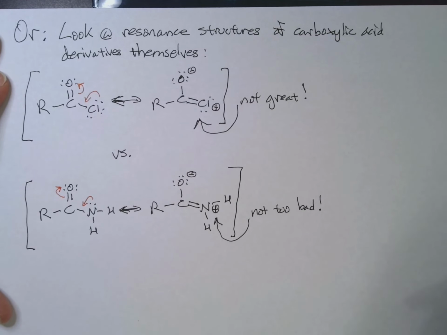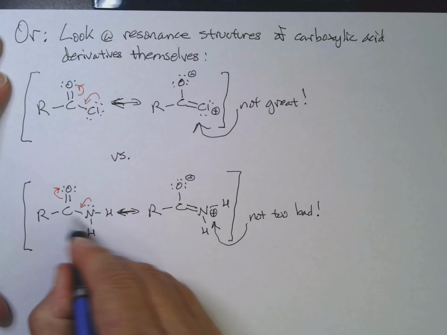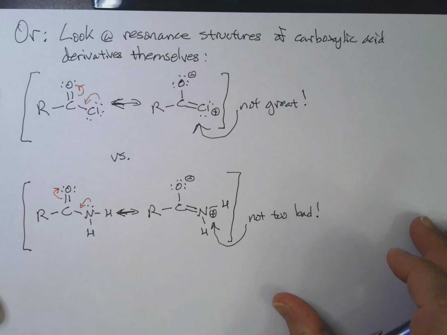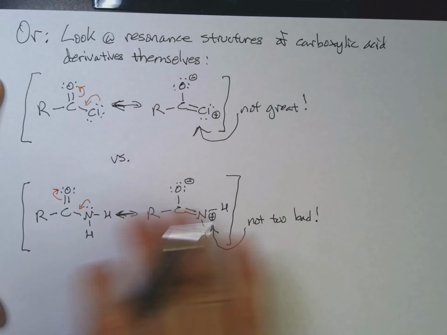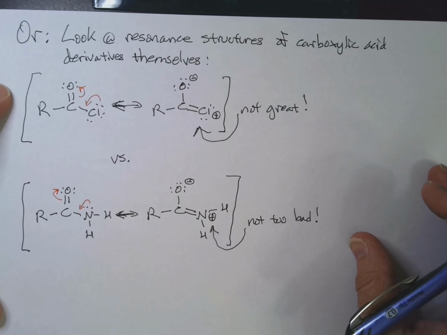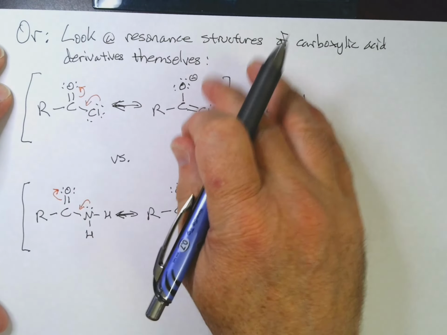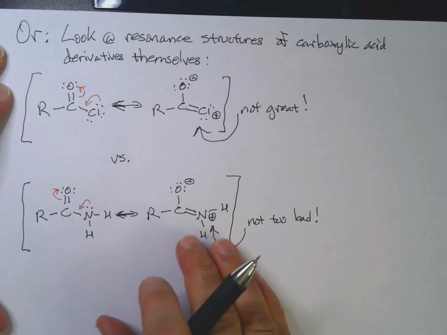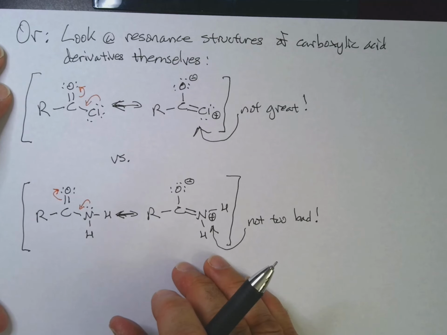It's one of the things that makes proteins fold up the way they do. These aren't actually single bonds. They don't function like single bonds. There's a barrier to rotation, and they have partial double bond character. So, not great, less stable, more reactive. Not too bad, more stable, less reactive.